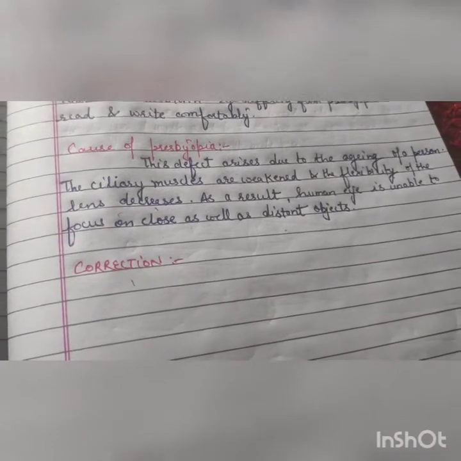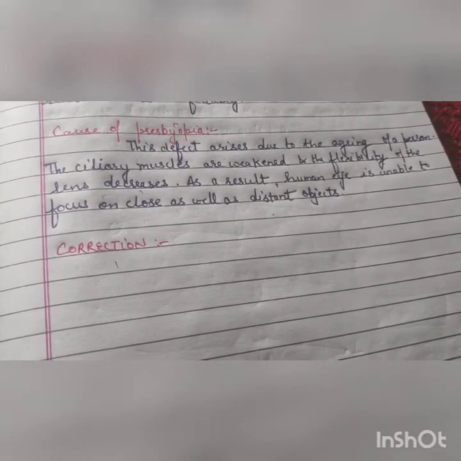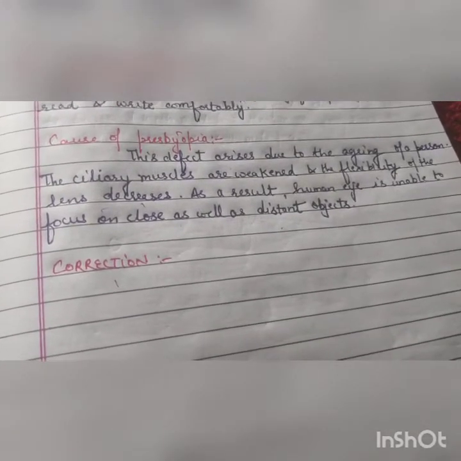And at the same time, when you are suffering from hypermetropia, then you are able to see far objects, but you are not able to see the objects that lie near to you. It means your near point is now not 25 centimeter, it is something beyond 25 centimeter.